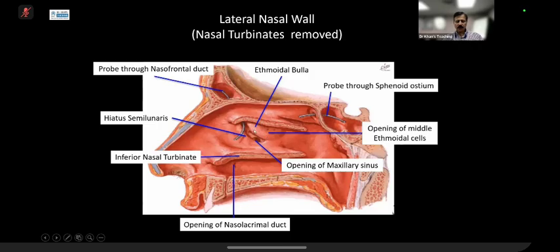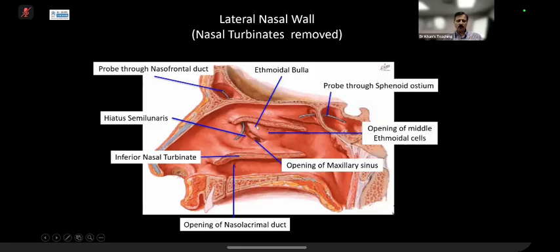Here is this convexity. This is known as the ethmoid bulla. What is the ethmoid bulla? Basically, the ethmoid bulla is the medial inferior wall of the middle ethmoid air cells, and this has a bulbous type of appearance, convex inferiorly and medially.